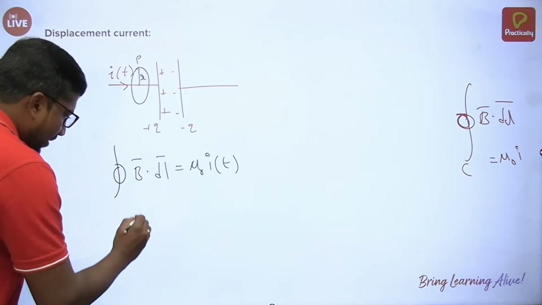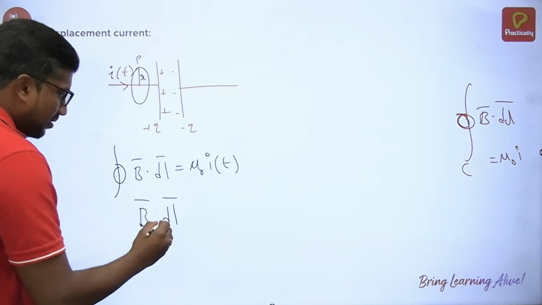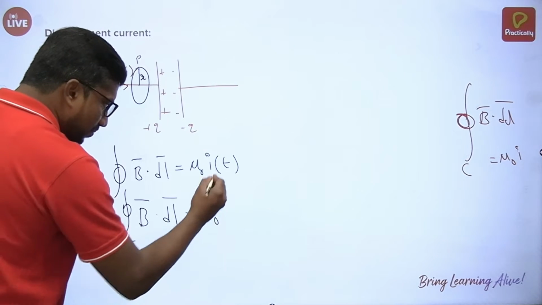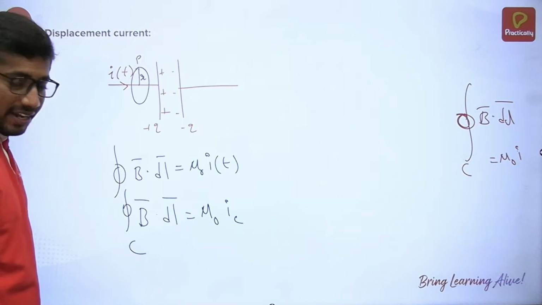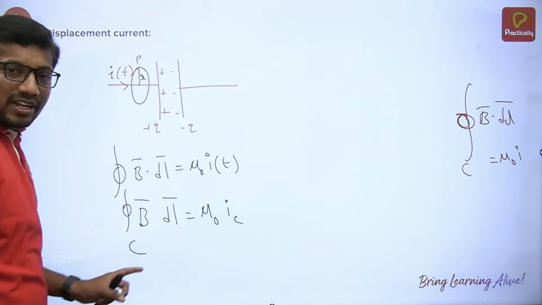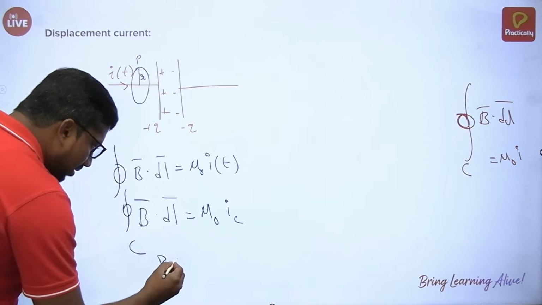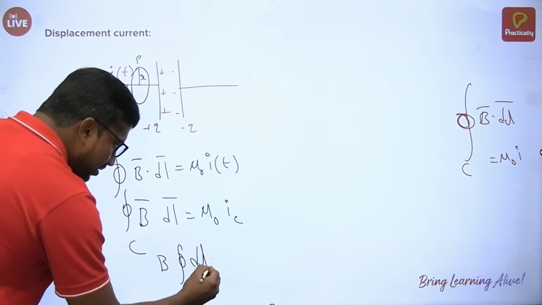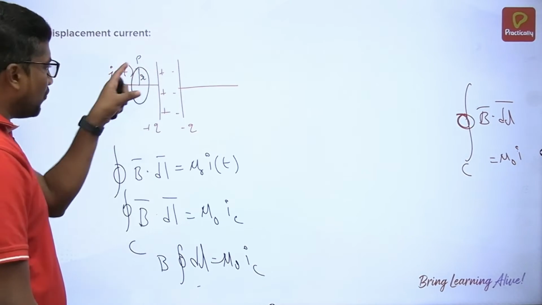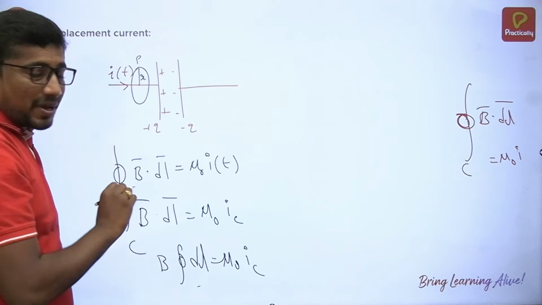Now here B bar dot dl bar is in vector form, right? We can write it like this: mu naught times the conducting current I of t. Then B bar dot dl bar you can write as B dl cos theta. So B times the integral of dl is equal to mu naught I c. The integral of dl is nothing but the circumference of this circular ring, and for a ring of radius r it is 2 pi r.